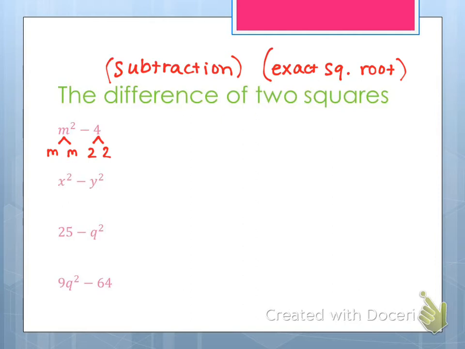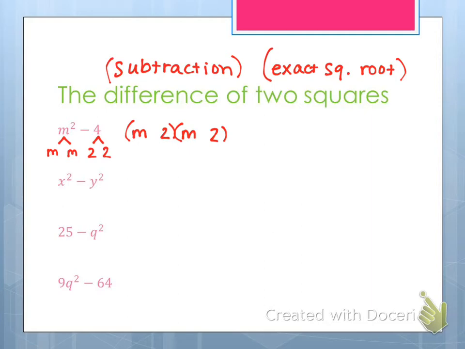This is how we write our final answer. We're going to do our 2 parentheses, like we always do when we factor. Whatever comes first in the problem, like in this case it's m, goes at the beginning of each, so my m and my m. Whatever is at the end goes at the end of each set of parentheses, so 2 and 2.